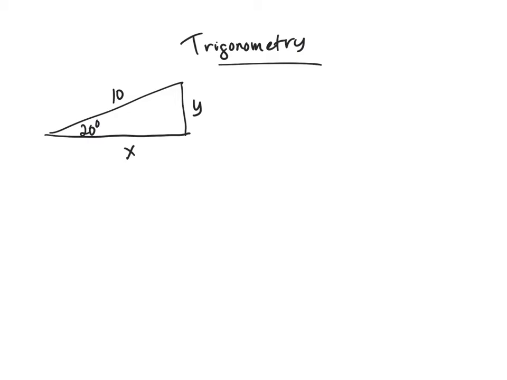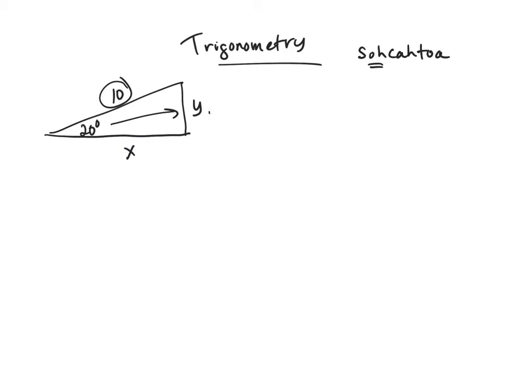To find y, I have to remember SOHCAHTOA. Y is the opposite. It's opposite to 20. 10 is the hypotenuse. So I look at SOHCAHTOA and I see that I have opposite and hypotenuse.